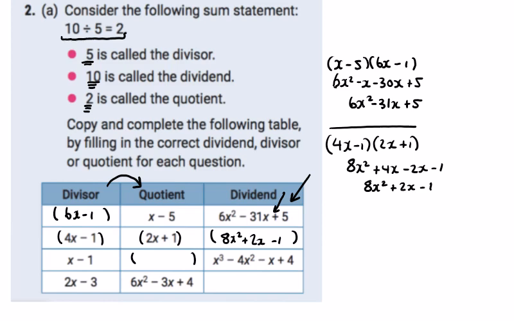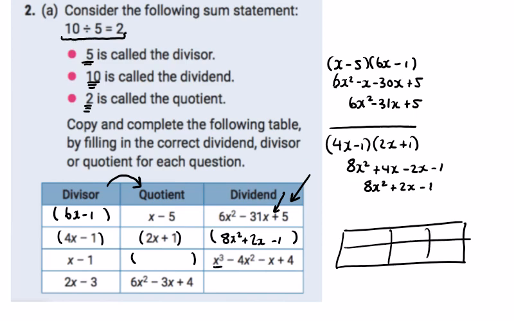And then we have a cubic divisor, so we'll do box method for this one. X cubed plus 4. And we're dividing in x minus 1. So what will this give? X squared on top, minus x squared on the bottom.